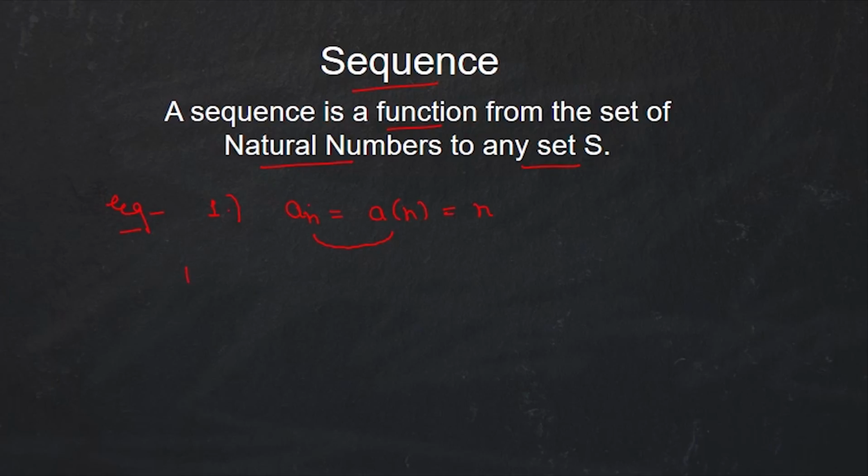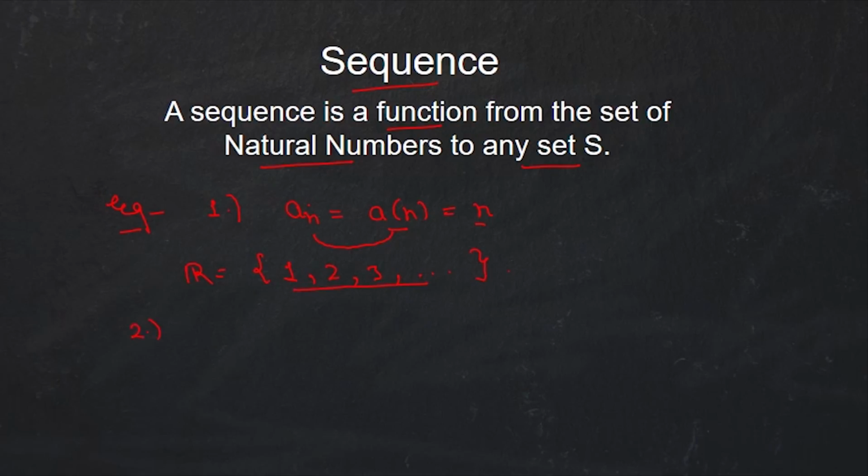So what will be my range set? a of 1 will be 1, so my first element will be 1, a of 2 will be 2, a of 3 will be 3, and so on, right? So this is my range set, and this is called my sequence.